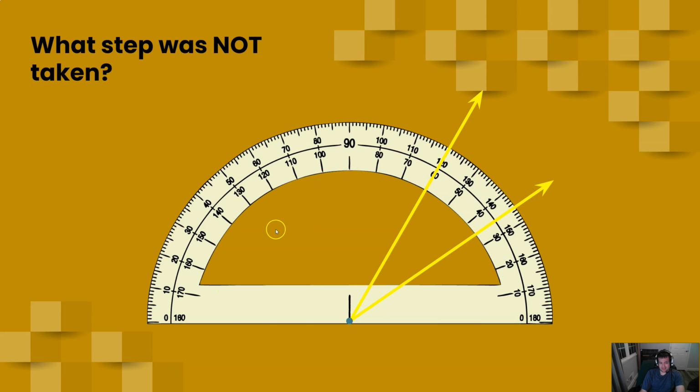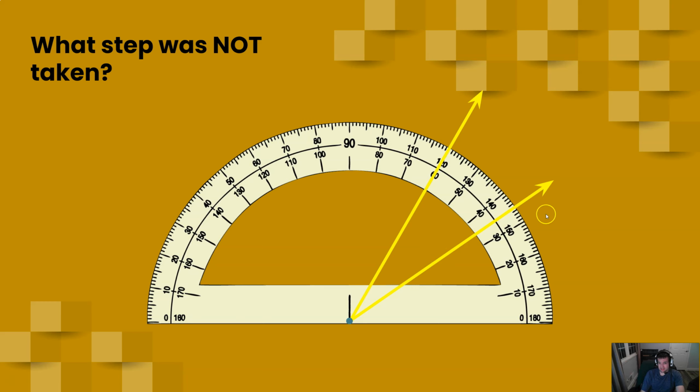Alright, let's look at some examples of protractors that are not used correctly. What's wrong with this? Well, you can see that the vertex is right on the center point, and the rays are extended beyond the protractor itself, so it goes through the tick marks.